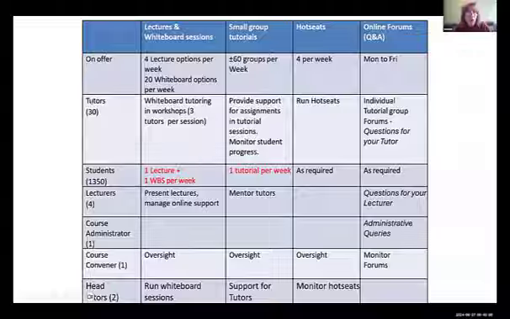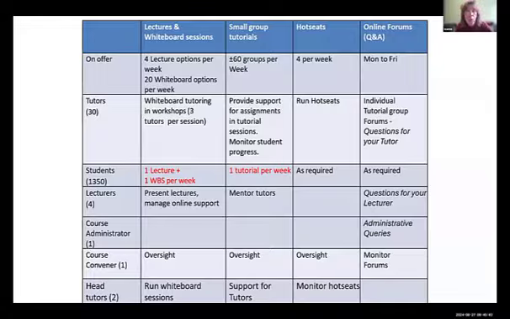So we're talking about a course where there are around 1,300 students this semester, 30 tutors, a team of 4 lecturers, a course administrator, a course convener, and 2 head tutors. The requirement for the students is they attend 1 lecture a week where they get to interact with the lecturer on applying the work, asking their questions and consolidating the concepts.